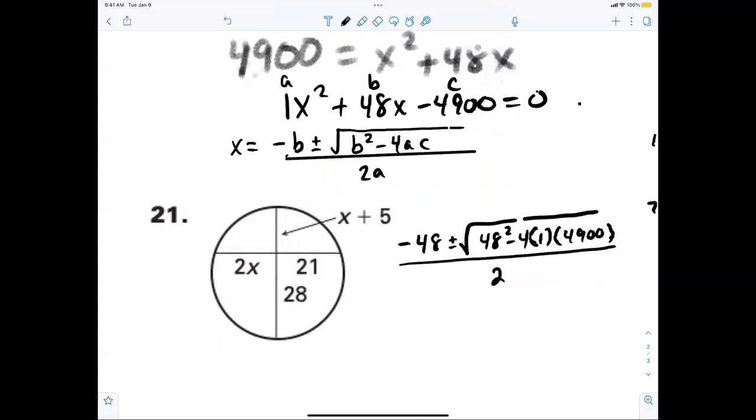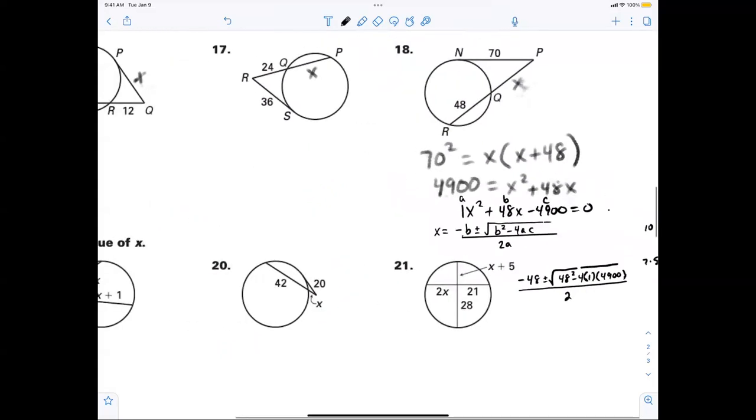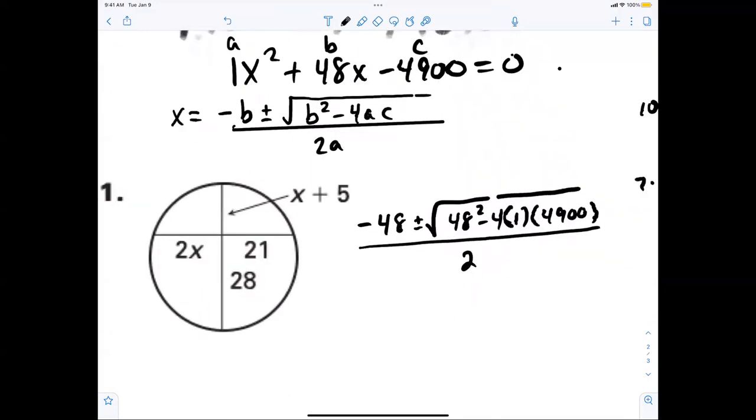What did you get? Come on, guys, I'm just asking, what's 48 squared minus 4 times 4,900? Is it negative?